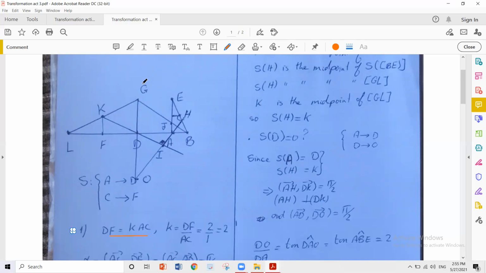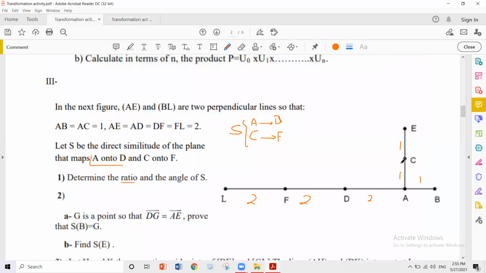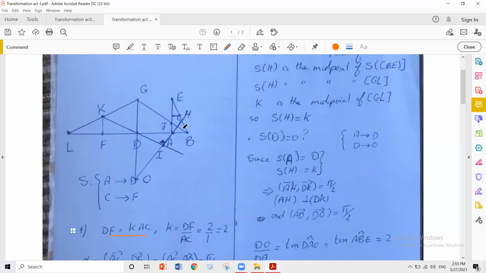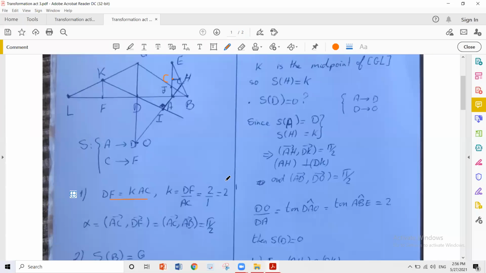Where is C? DF over AC equals... To calculate the angle, that's a question.